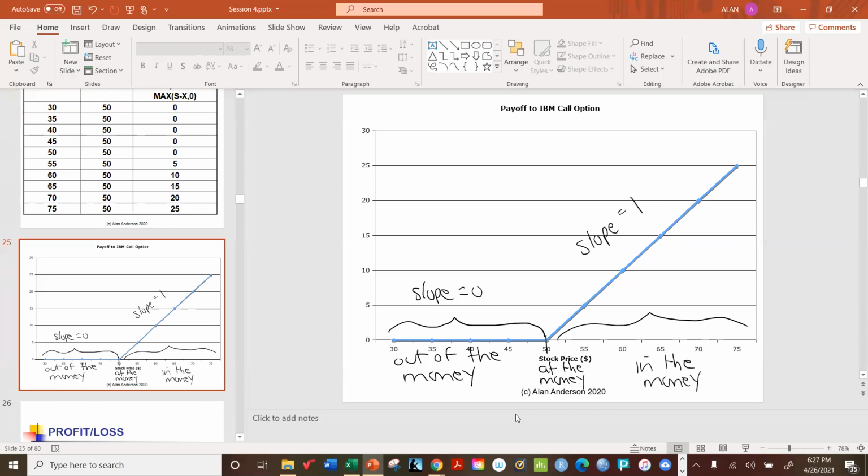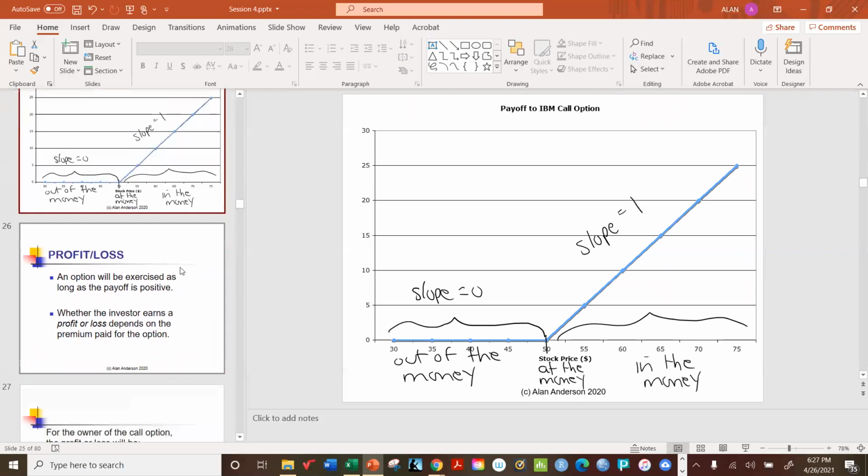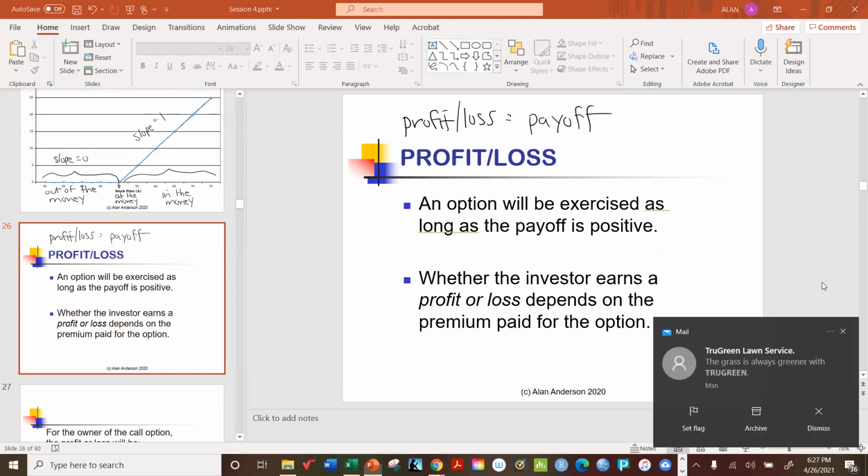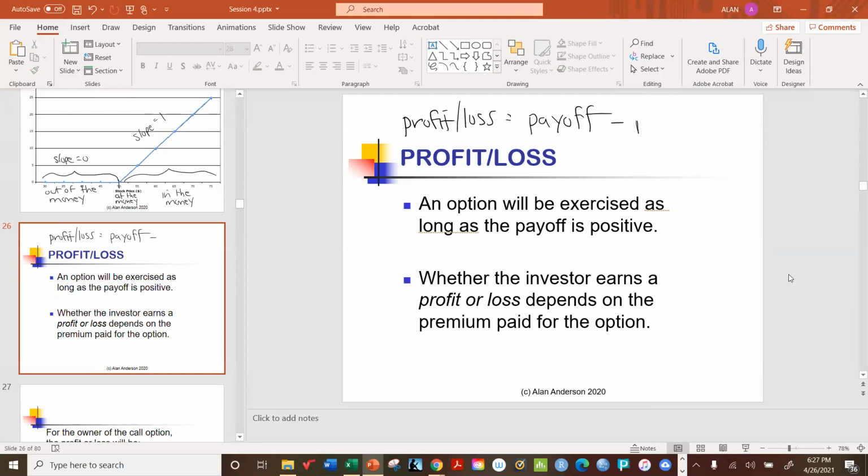All right, now, the next thing we have to take into account, which we've kind of been neglecting up to this point, is what about the premium of the option? How does that affect our results? Well, now what we need to do is make a distinction between the payoff to the option and the actual profit or loss. So the profit, in a nutshell, or possibly loss, equals the payoff minus the premium.